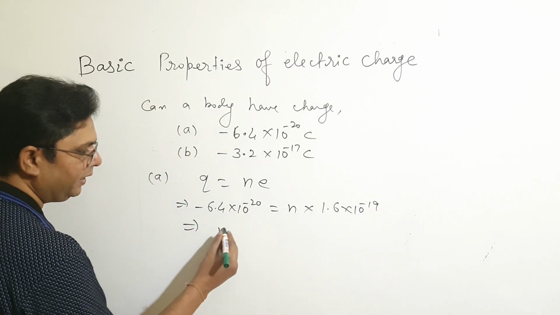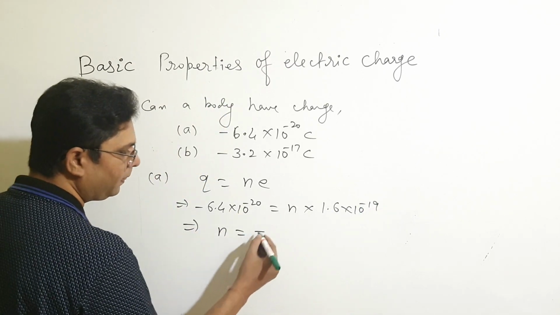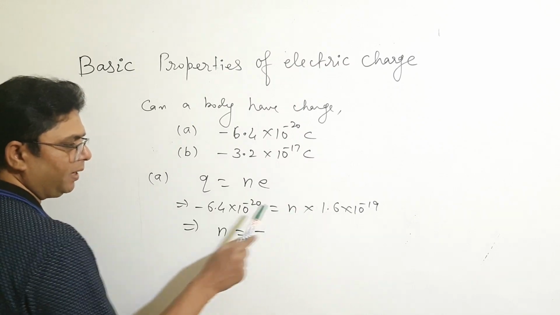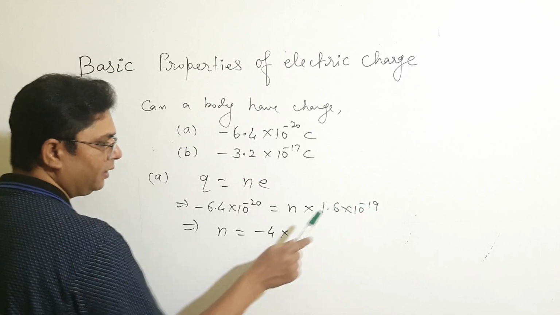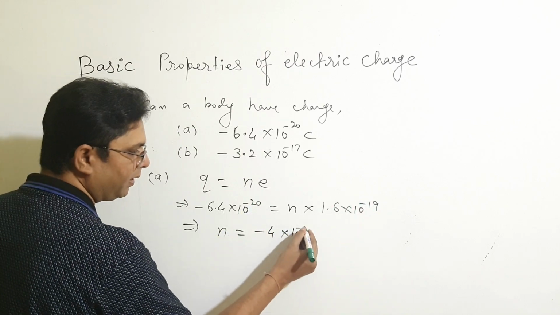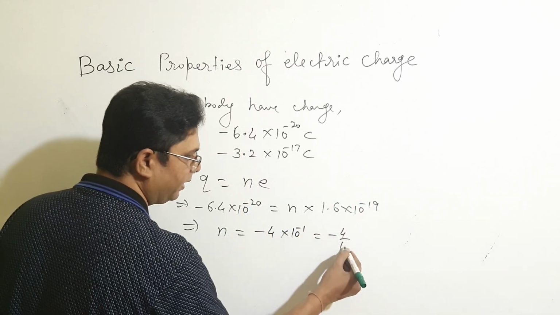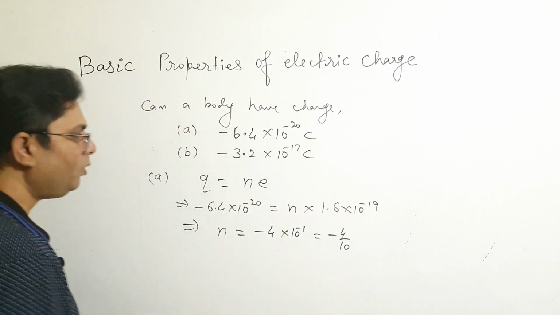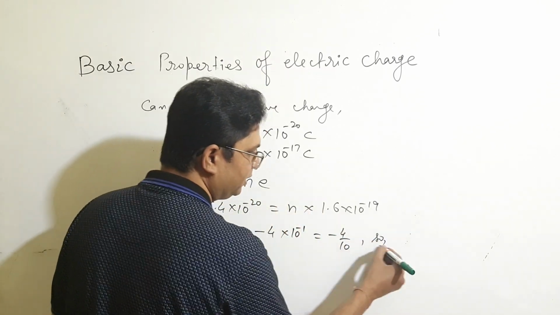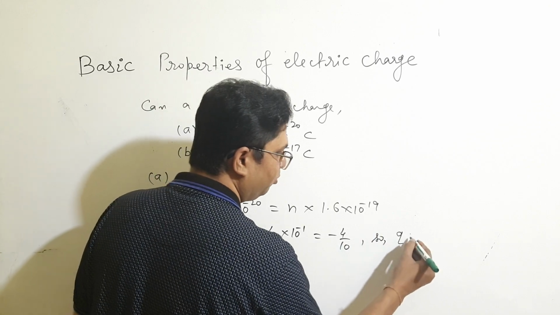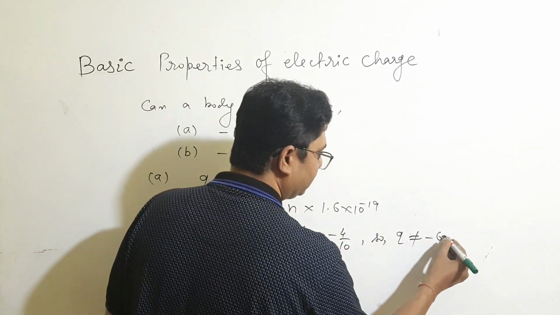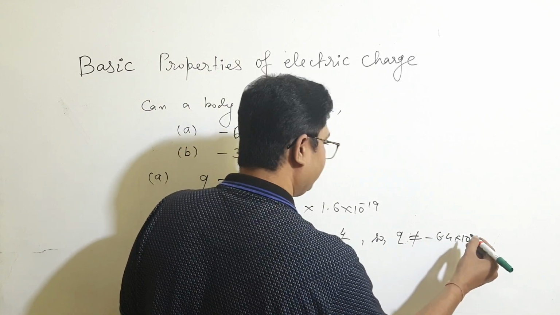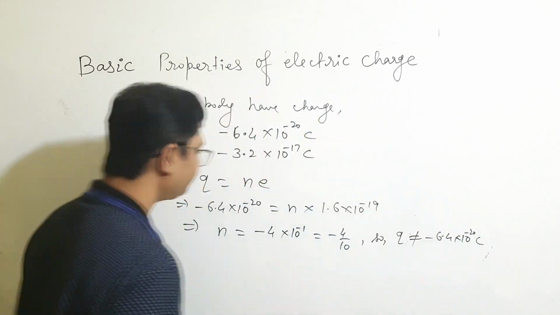So n equals minus 4 by 10. It is a fraction. This means Q equals minus 6.4 times 10 to the power minus 20 coulomb is not possible.